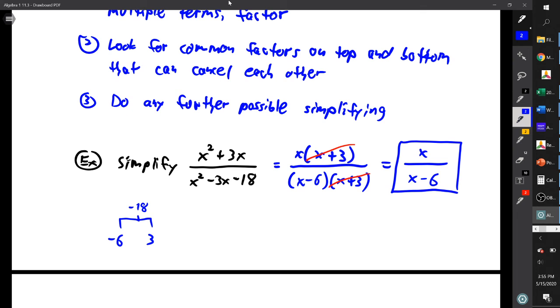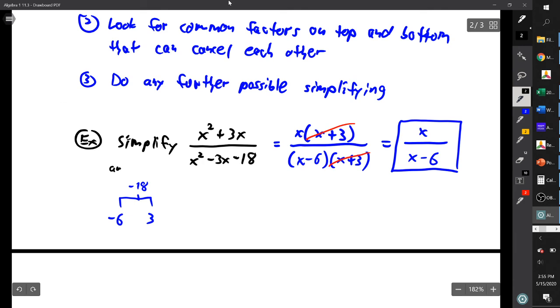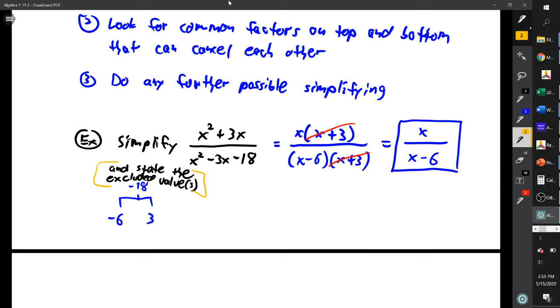Now, sometimes these will also have the instructions to state the excluded value or values, which is based not on my final answer, but on what I originally started with, because I have to pay attention to what I'm not allowed to plug in. So if I do this part in yellow, I need to say that the denominator, x squared minus 3x minus 18, equals 0.